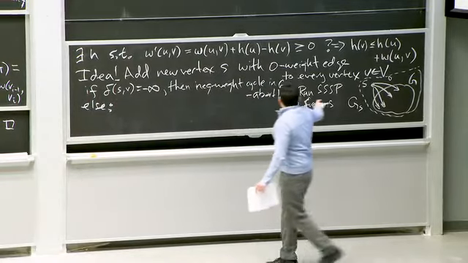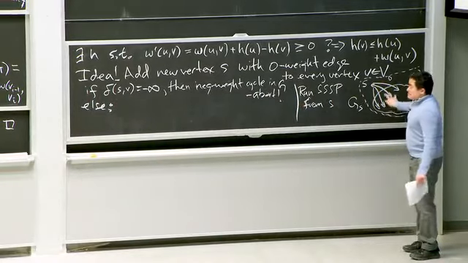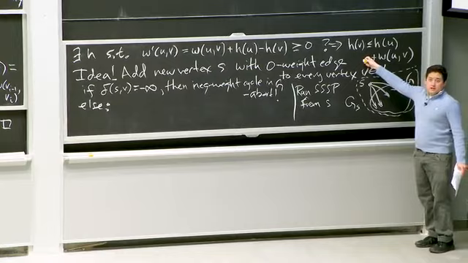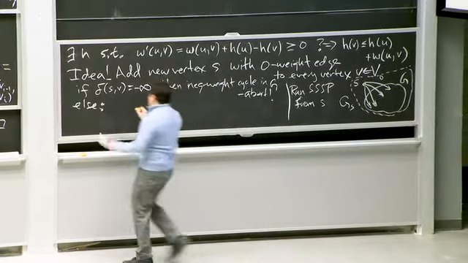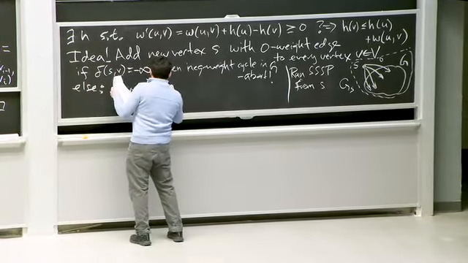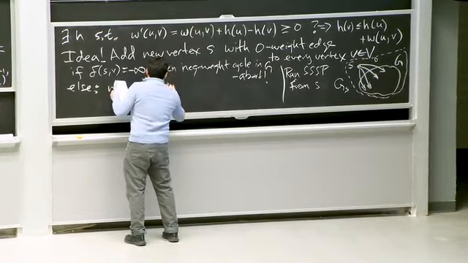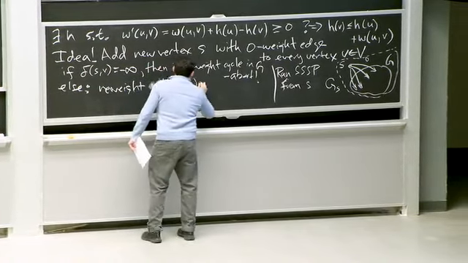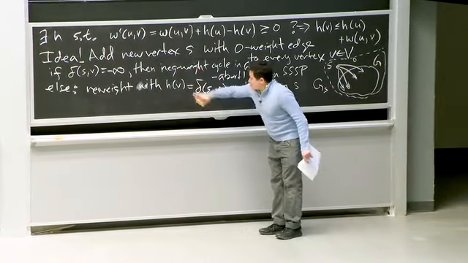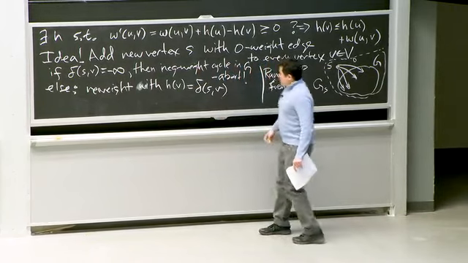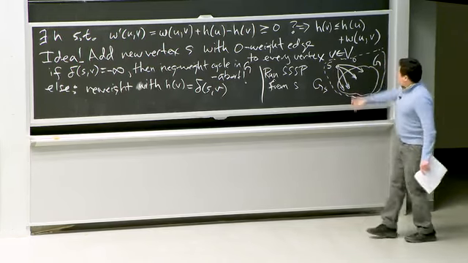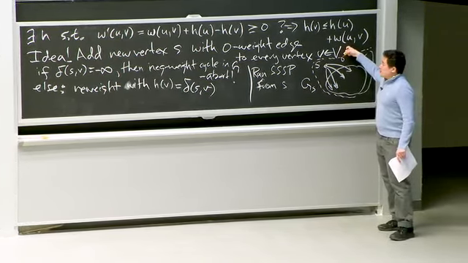Otherwise, what do I do? Well, I know these shortest path distances here would satisfy the triangle inequality. So if I reweight with h of v equal to delta s of v, if we set our potentials in our reweighted graph to be the shortest path distance from our supernode S, it satisfies the triangle inequality.